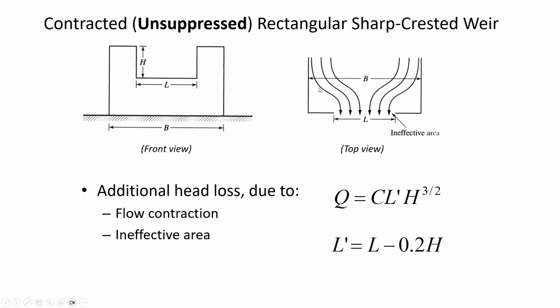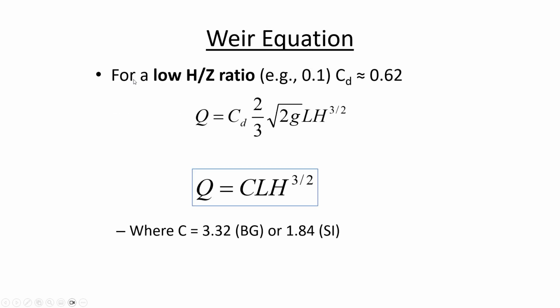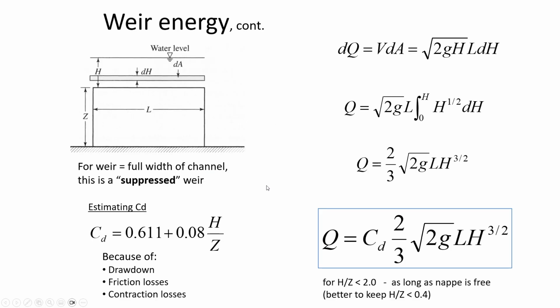The suppressed weir, which is the full width, is the physical length of the channel, and the length of the channel would be, well, its width actually, what we would call the width of the channel, and then here is the length of the weir.